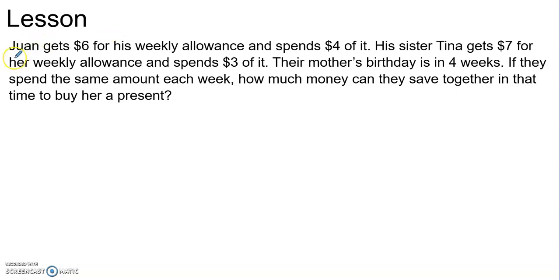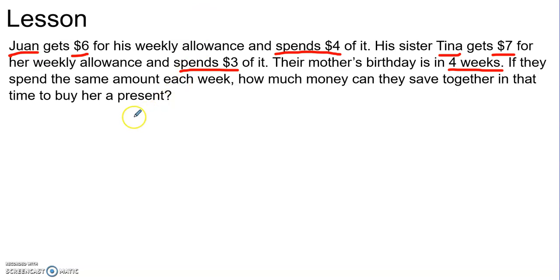So we need to look at what the important parts are here. In the first one, Juan gets $6, but then he spends $4. And his sister Tina gets $7 and she spends $3. So that's the money in and out. But it's also important that we know her birthday's in 4 weeks. So whatever they save every week, I have 4 weeks to calculate for it.